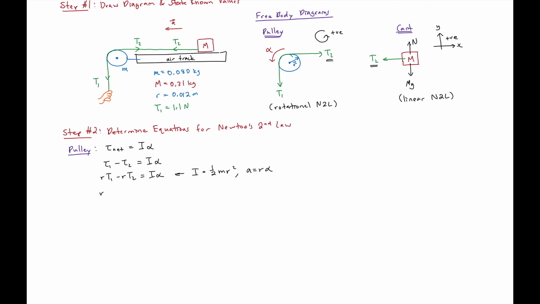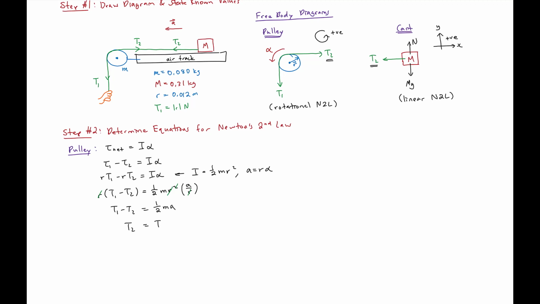Let's first factor out the R to get T1 minus T2 is equal to 1/2 mr squared times alpha, and alpha is equal to A over R. This means I can get rid of one R and then another R, and I get T1 minus T2 equals 1/2 MA.